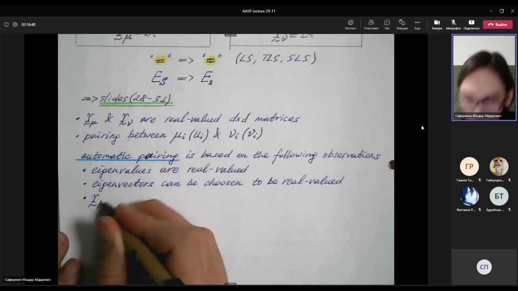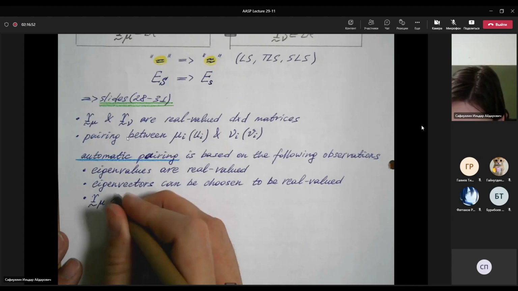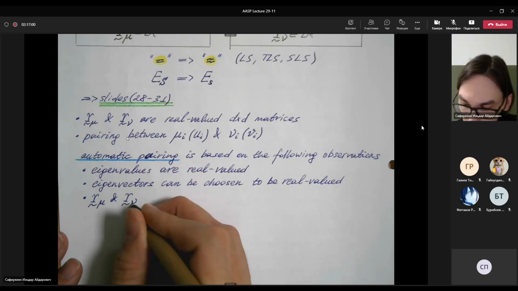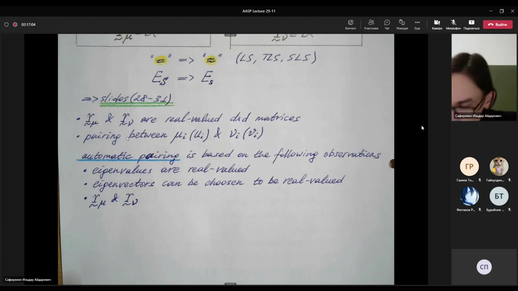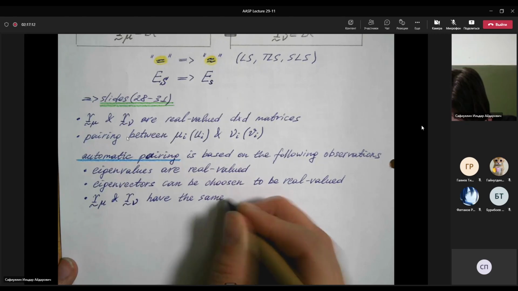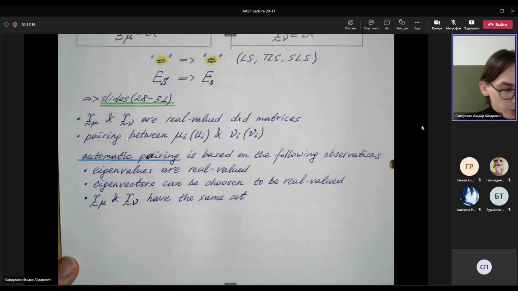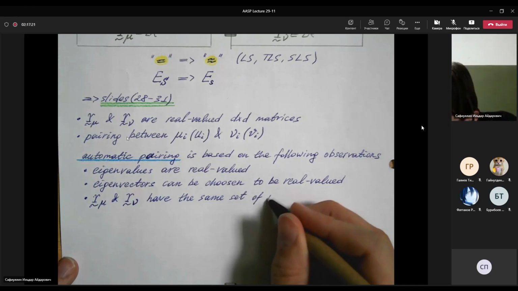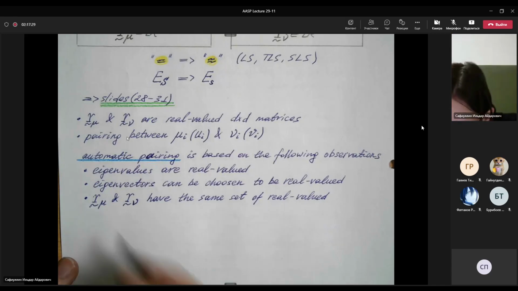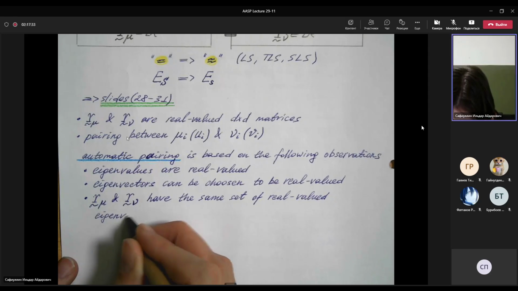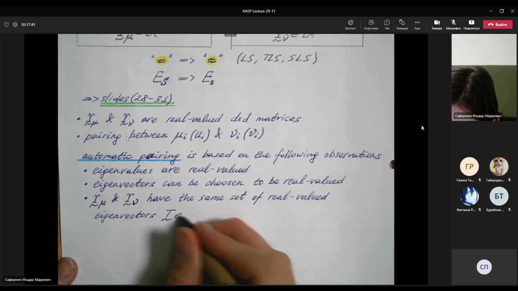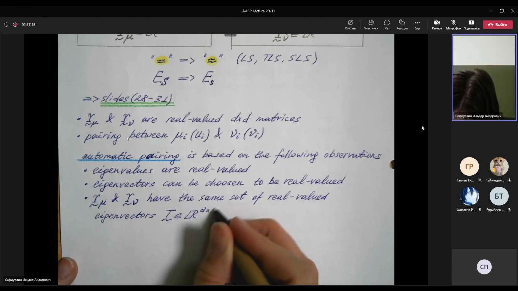Matrix epsilon sub mu and epsilon sub nu have the same set of real valued eigenvectors T, which is real of size d times d.